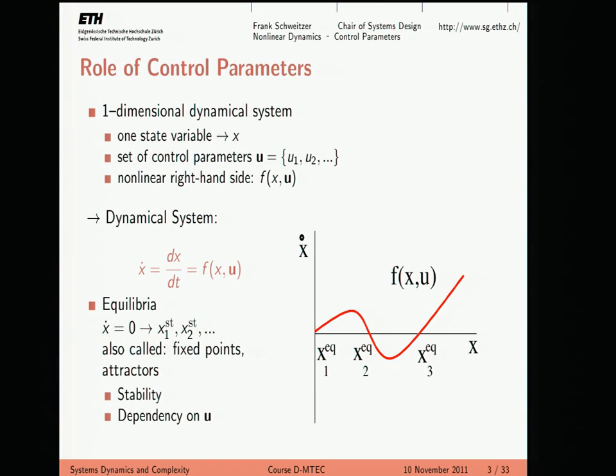Before that, let me give you a few notions of stability. Even without introducing any mathematical treatment for finding stability, let's look at this point here. If we're at that point, the system is static. It doesn't change anymore. But imagine there is a little shock to our system. So, random shock. And suddenly, we jump here. We jump right here, okay? What happens then? What would happen in the next few time periods?